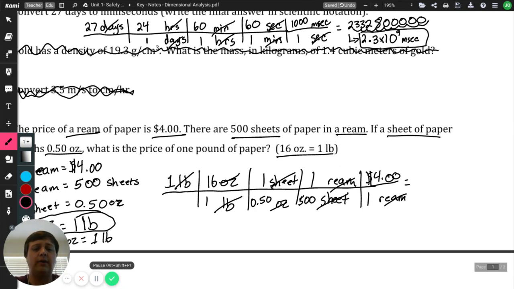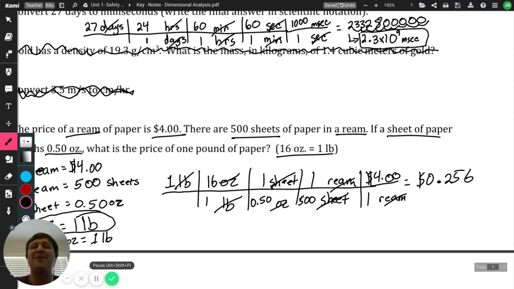So it's going to be 1 times 16 times 1 times 1 times 4 divided by 1 divided by 0.5 divided by 500 divided by 1 again. Sorry. Okay. So when I plug it in my calculator, I'm going to find that I have 0.256 as my money.